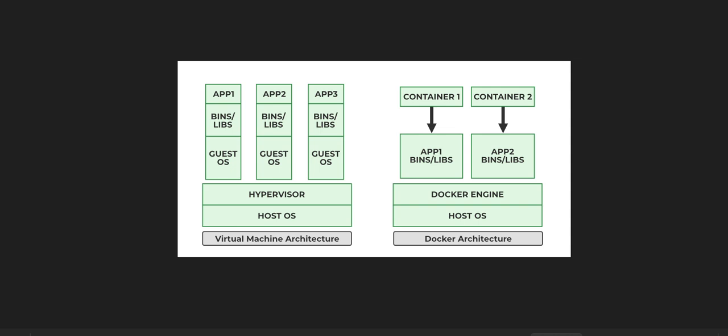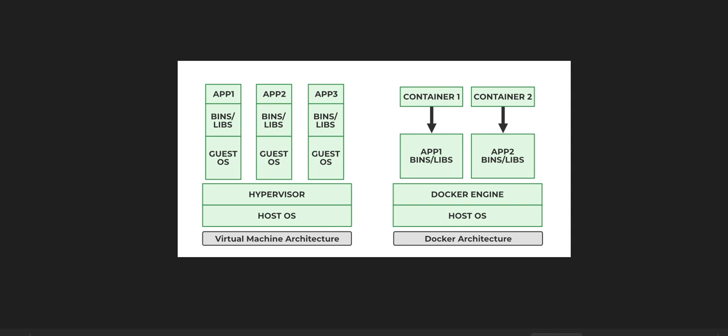If you see this picture, we have the virtual machine architecture and the Docker architecture. In both, we need to have a host operating system. In virtualization, on top of the operating system, we install a software called hypervisor. On top of that, for every application we install one operating system, then install all the dependencies like libraries, packages, settings, and on top of that we install that particular application.